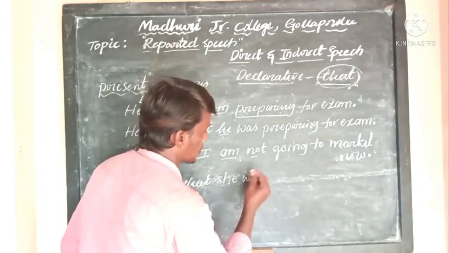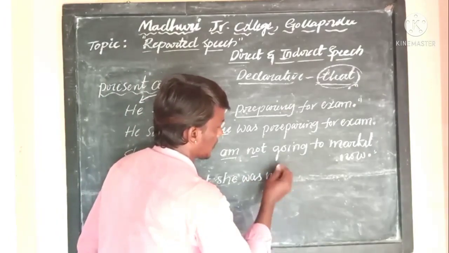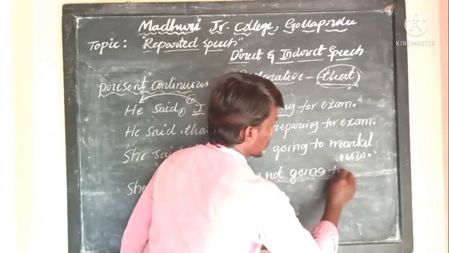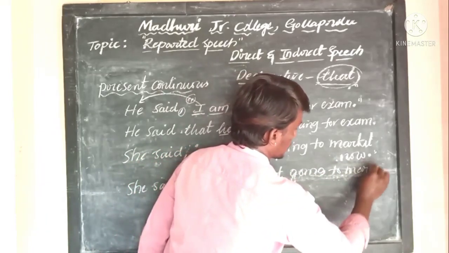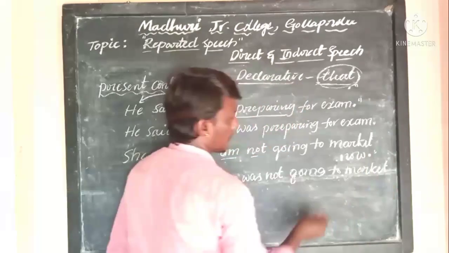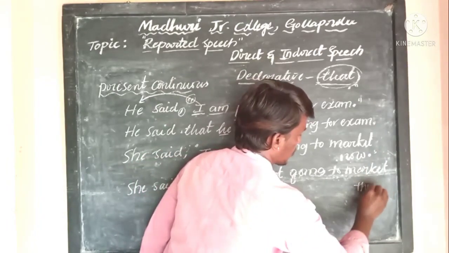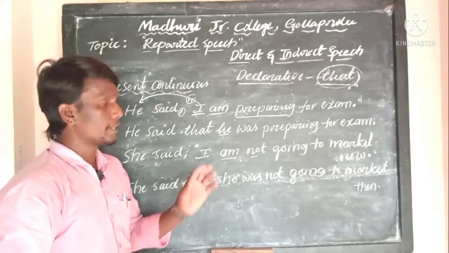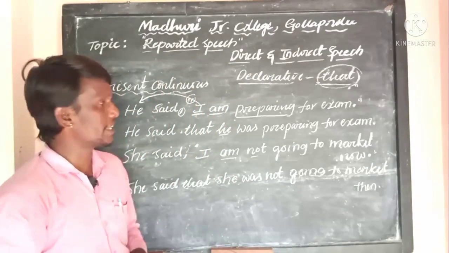She was not, without changing anything, not going to the market. Now becomes then, as we came to know that this adverb now becomes then. And this is how we need to change direct speech into indirect speech.